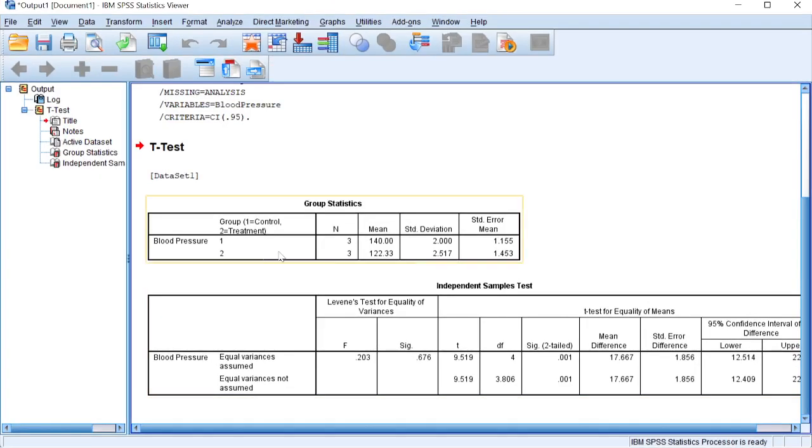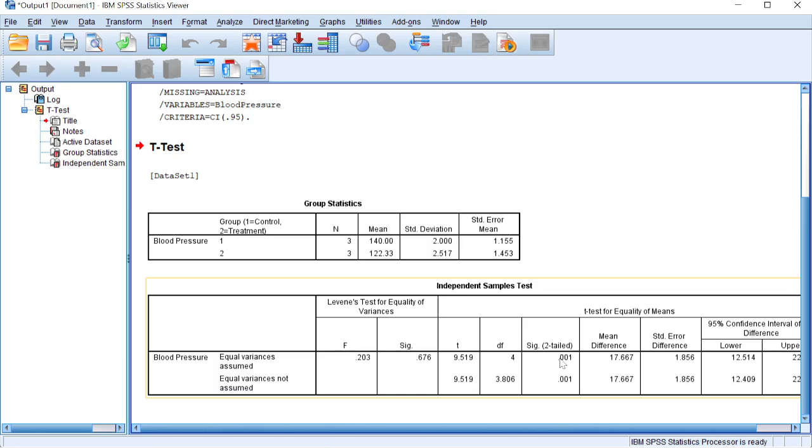It simply means that, oh wow, the drug is working, because there's a significant difference. 0.001 is less than 0.05.